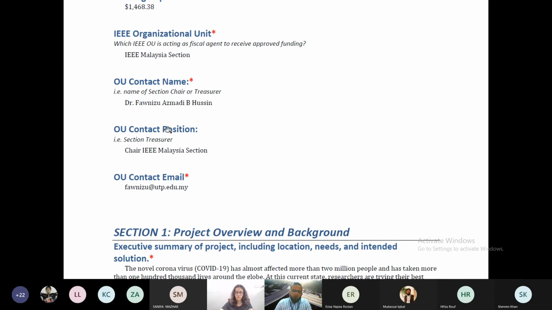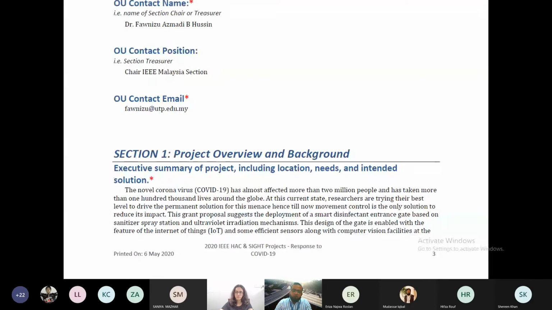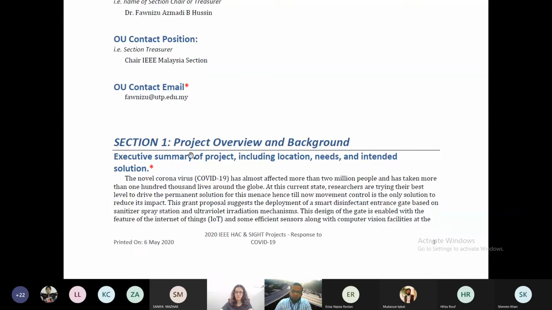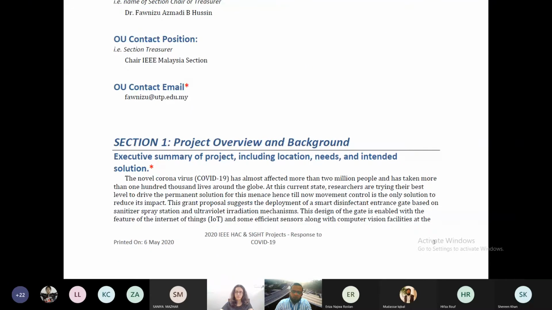After that, you have to start with your project overview and background. This is the executive summary, maybe of 350 or 250 words, but it should be written well so that people can have a quick summary of your entire project in one go.